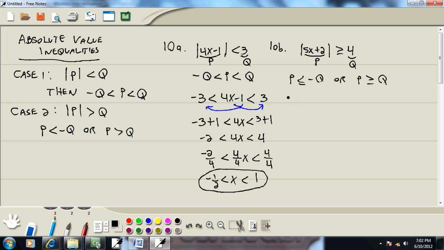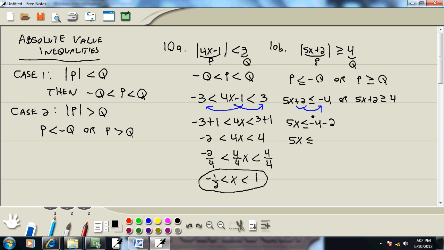So we'll put the 5x plus 2 in for P. So we got 5x plus 2 is less than or equal to negative 4, or 5x plus 2 is greater than or equal to positive 4. Now solve each one of these separately. So I'm going to take the 2, move it to the right side. So I get 5x is less than or equal to negative 4 minus 2.